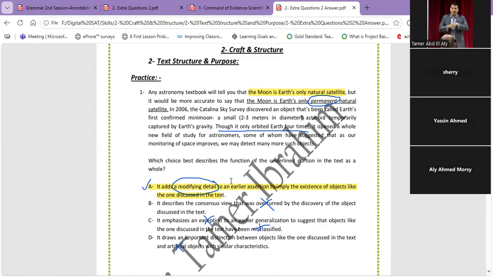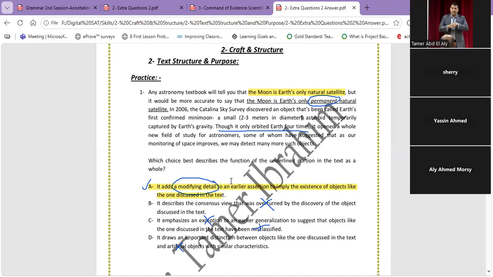Okay, now we need the sentence after. In 2006, the Catalina Sky Survey discovered an object that's been called Earth's first confirmed mini-moon, a small 2-3 meters in diameter asteroid temporarily captured by Earth's gravity.